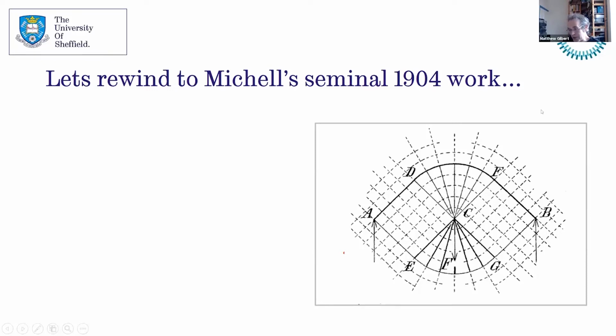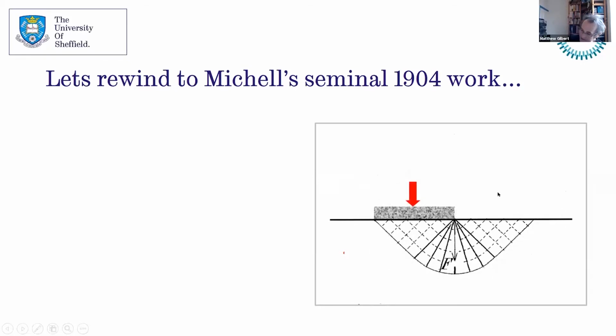And we observed that if you look at, for example, the figure from Michell's paper, where you've got these orthogonal lines, that was very, very similar to the layout of slipline discontinuities that you get for an ideal plastic material, Tresca material, under the action of a punch or a foundation footing loading.